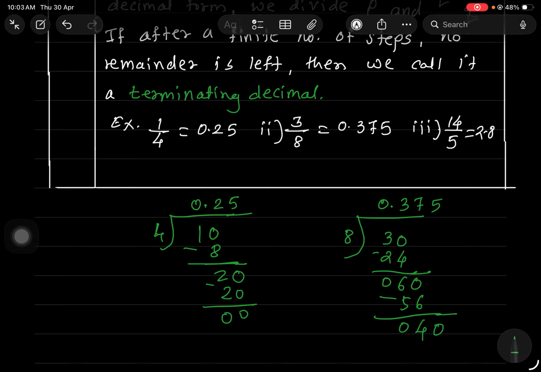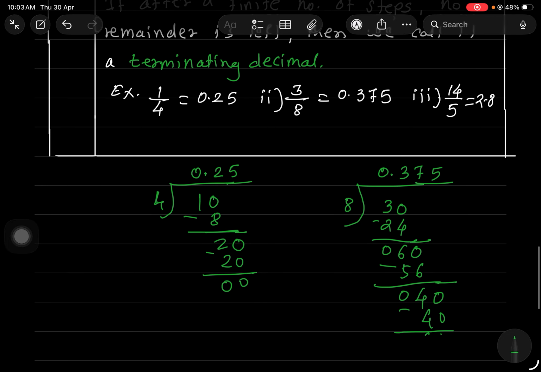Then 8 5s are 40. Here the remainder is 0, and you got the answer in decimal form, 0.375. Further you can't go.